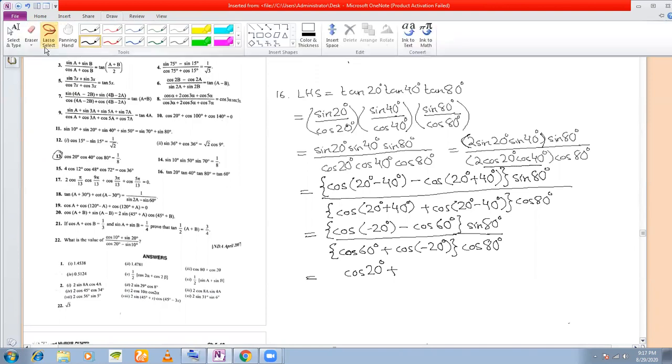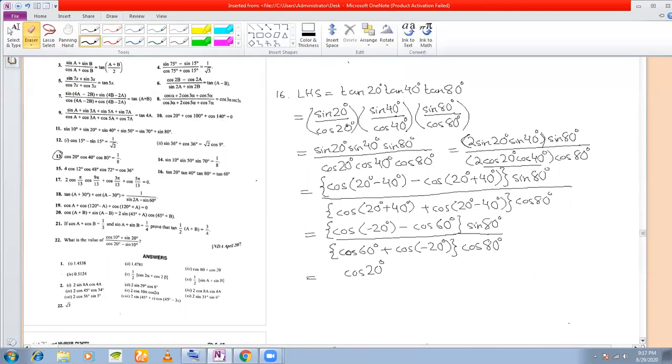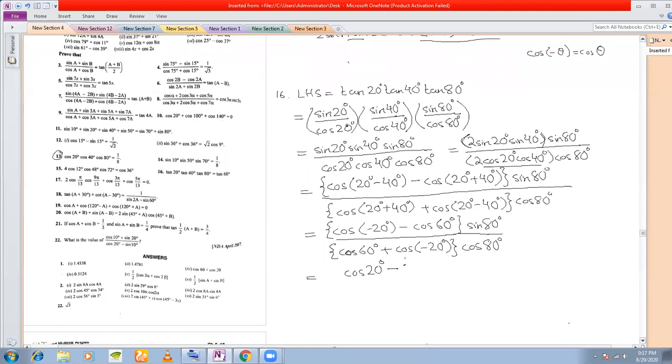And this is a minus sign here, minus, and cos 60 is what? Cos 60 is half, isn't it? So we put the value of cos 60 and write sin 80 degree divided by cos 60, again half, in the denominator, and cos of minus theta is cos theta, cos 80 degree.